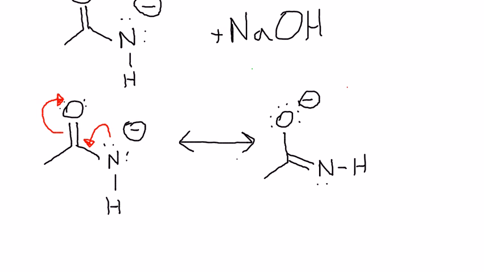Oxygen is more electronegative than nitrogen, which means it has a stronger affinity for electrons. It likes having electrons. So oxygen can handle this negative charge better than nitrogen, and because it can handle it better, it's more stable with the negative charge on the oxygen.